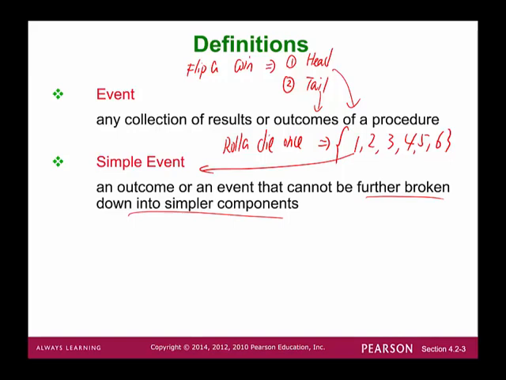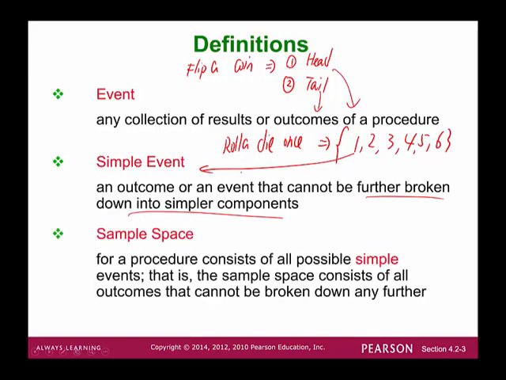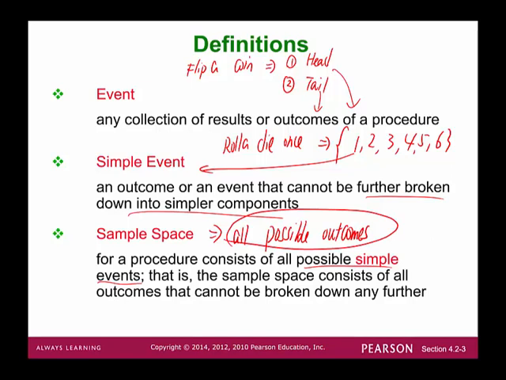And the sample space consists of all possible outcomes, all possible simple events. You can just understand it as all possible outcomes.